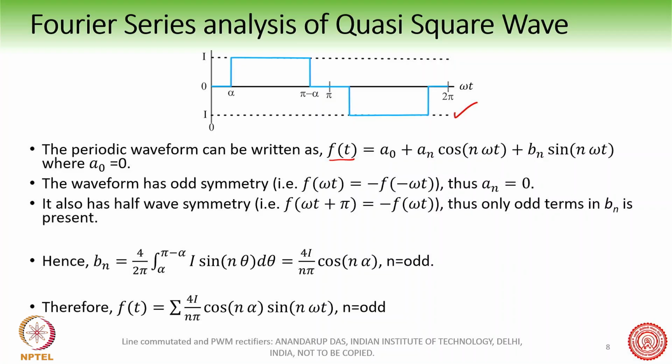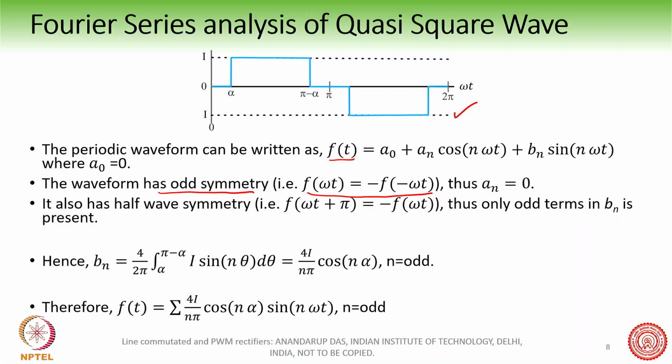In this case a0 is of course 0, because the average value is 0. We also note that this waveform has an odd symmetry, that is f of theta is equal to minus f of minus theta, or f of omega t is equal to minus f of minus omega t.